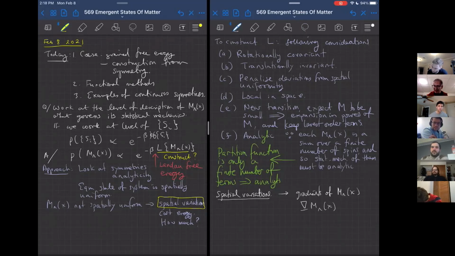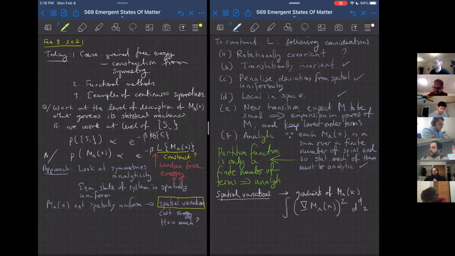It's already translationally invariant. This term already satisfies points C, B, D, F, and I can make it rotationally covariant by just squaring it. So if I make this squared and then integrate over all of space, then I've accomplished my representation of the energy cost for having spatial gradients.